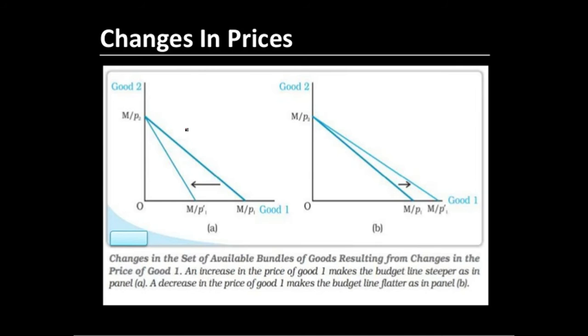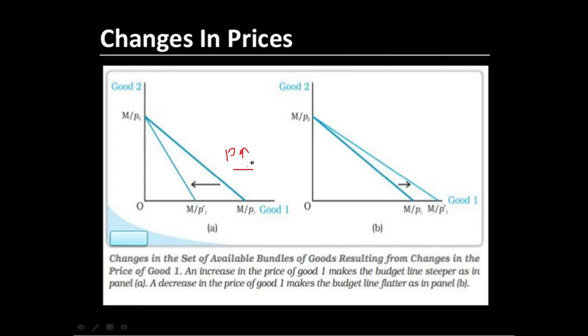But when the price of a commodity on the x-axis decreases or increases, what will happen? When the price decreases, they will be able to purchase more of commodity A, and when the price increases, they will be able to purchase less.